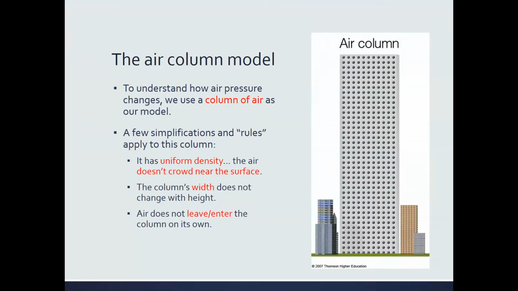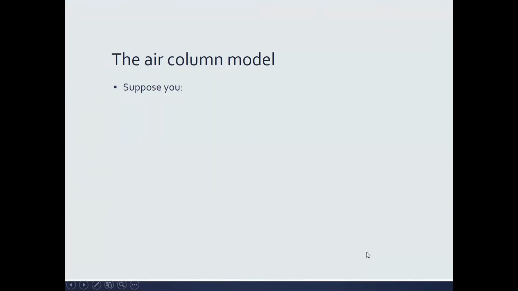Near the surface, you have all of these rows above you. The higher up you go, the fewer rows you have above you, the fewer molecules you have above you. Now, with that said, let's go back down to the surface of this column.